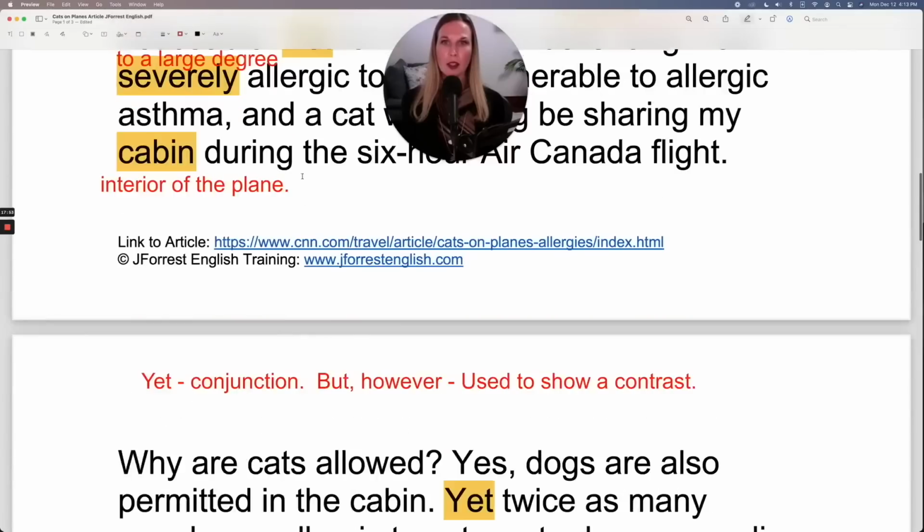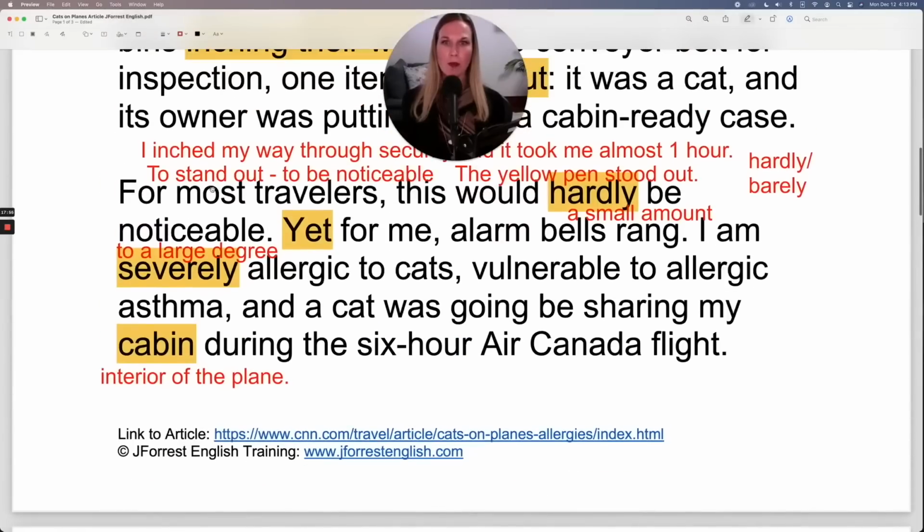So here, let's look at our first example. Most travelers wouldn't notice a cat. I would notice a cat. Do you see the contrast? Most travelers would not. I would. So we have a yes and a no. There's a contrast.